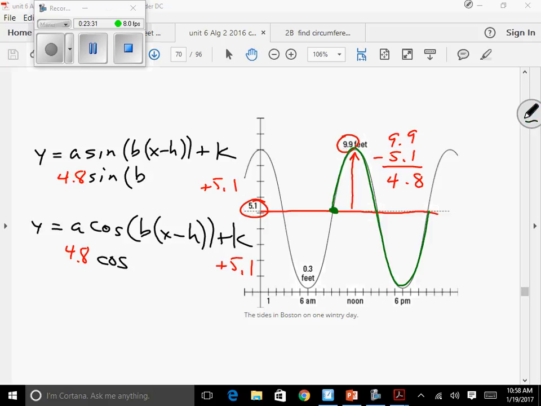Cosine. You have two choices. You can start here at the very beginning, or you can start over here.